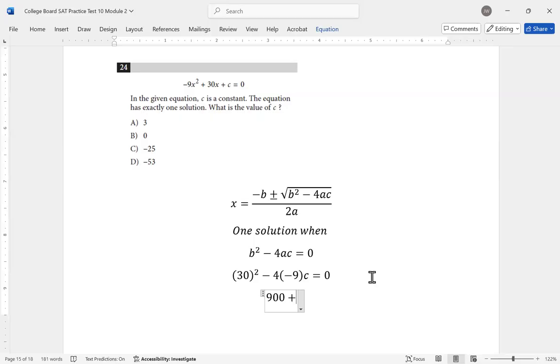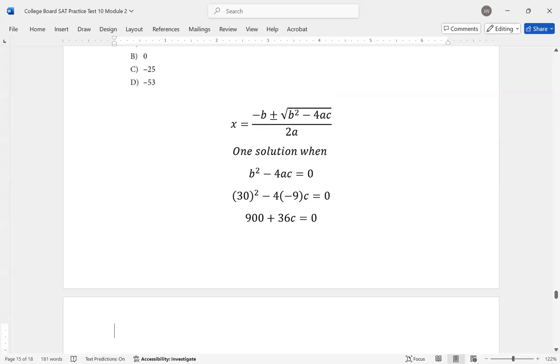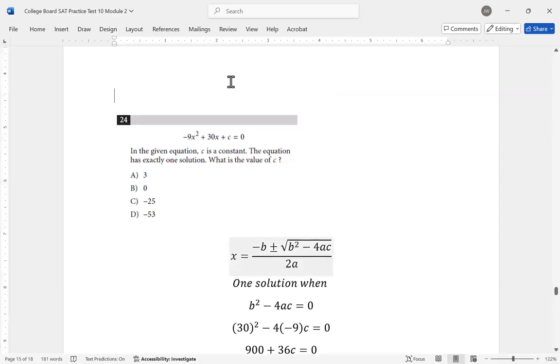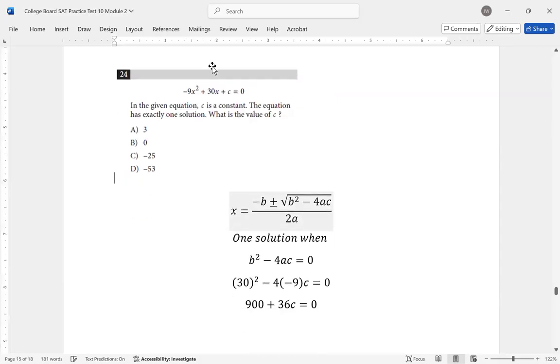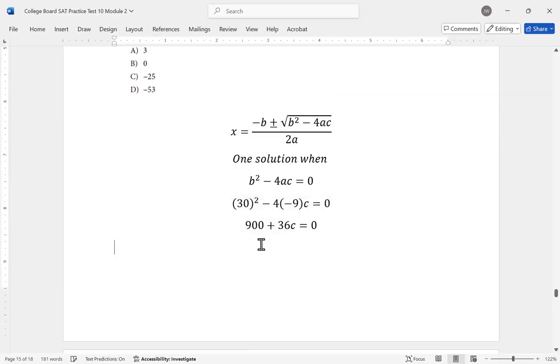Minus 4 times -9 is going to give me a plus 36c is equal to 0. So we can solve this equation for c. Let me just do two more steps.